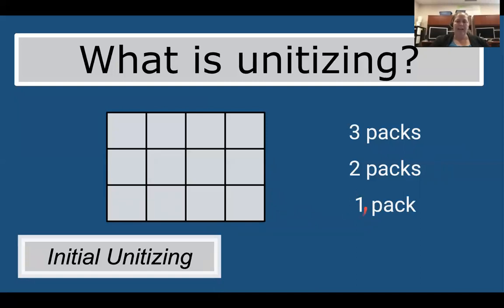So one pack with one thing was always just one thing. When students begin to unitize, one becomes more than one. So in this case, it's 4. And 2 now is not just 2, it's also 8, because 2 packs is also 8. When students begin to unitize, just that beginning step of being able to say that 4 gum is 1 pack, that is the beginning of unitizing.